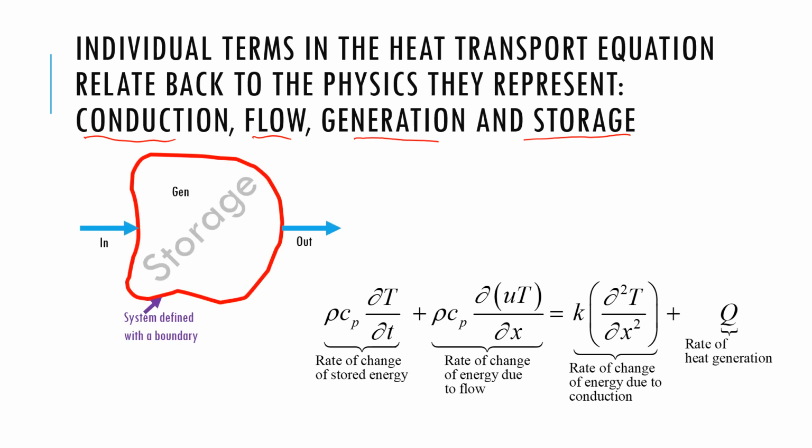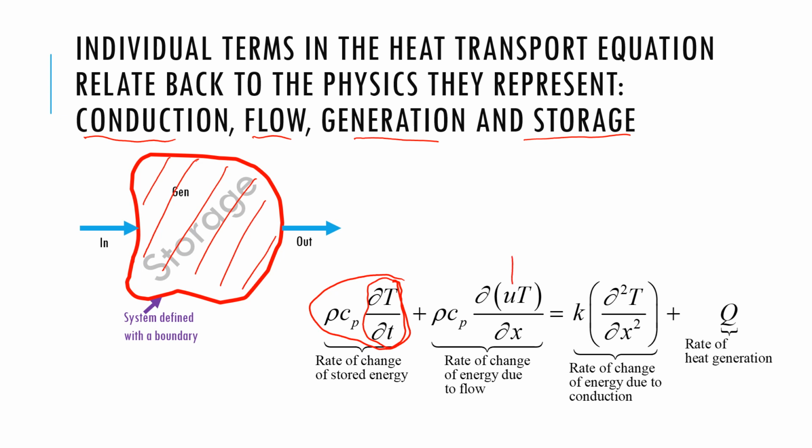So the first term has change in temperature with time. So that must relate to the stored energy, because storing more energy changes its temperature, increases its temperature. So this rho Cp del t is the rate of change of stored energy in the control volume.